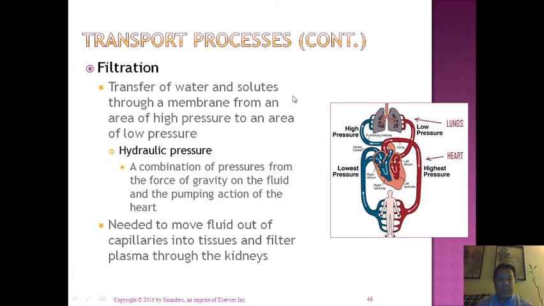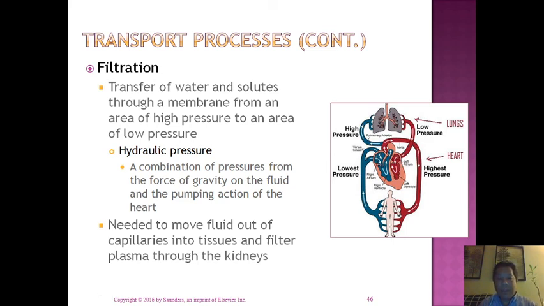Filtration is the transfer of water and solids through a membrane from an area of high water pressure to an area of low water pressure. And kidneys usually work using this filtration process, so kidneys will filter the blood, and the amount of blood that can be filtered by the kidneys will be dependent on the amount of blood ejected by the heart in every contraction.